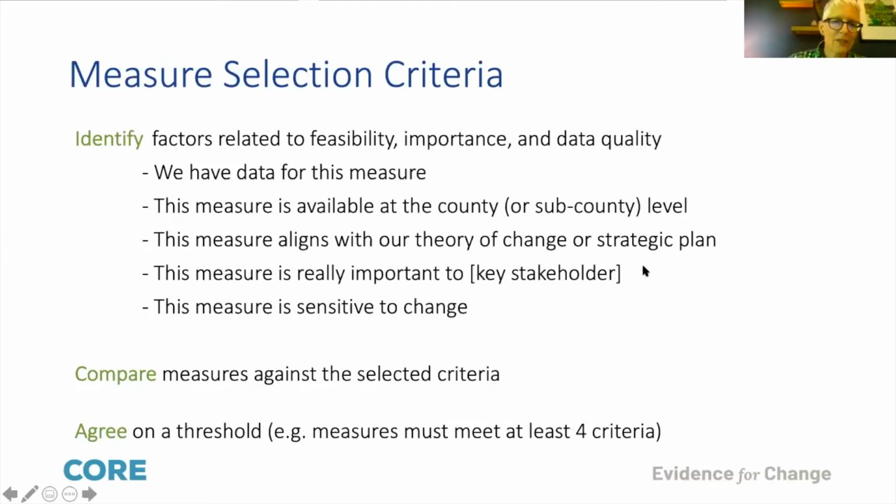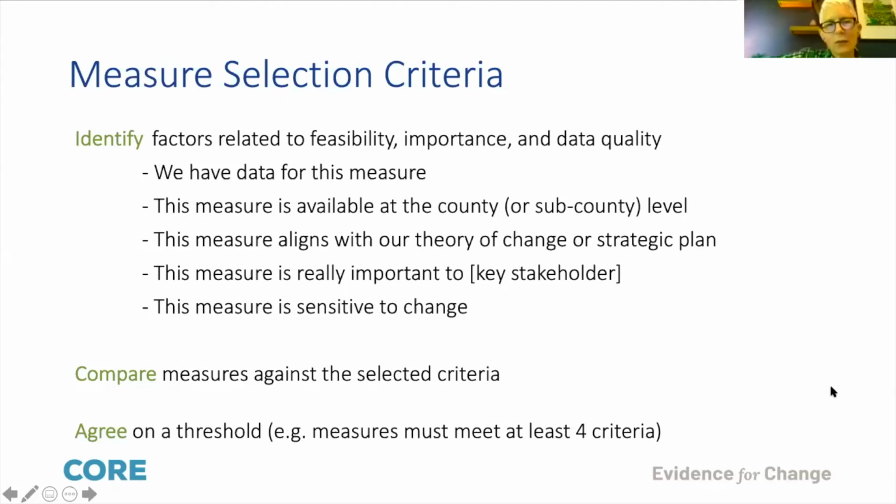Think through whether the measure is sensitive to change, meaning if your efforts lead to the kind of change you're hoping for, is the measure sensitive enough to pick up that change, or would it only pick up something that was a huge difference from the previous year, say?